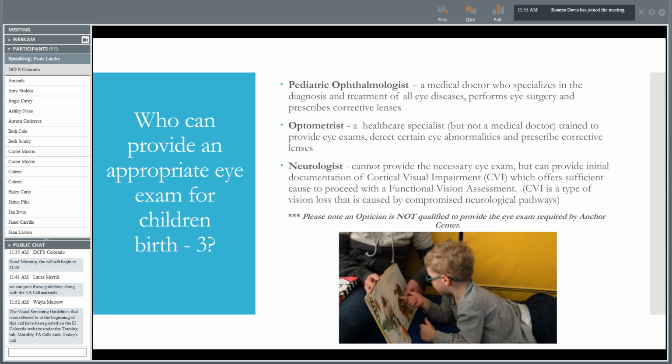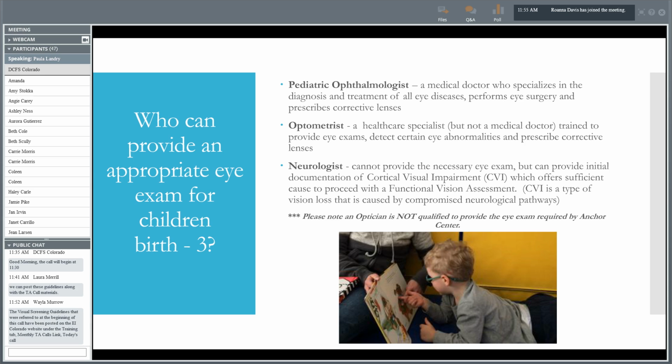And so over the last several years, even I would say probably 5 years ago, it was really difficult to find a neurologist who would diagnose cortical visual impairment. They would say, oh, that's the ophthalmologist's job to do that. And then the ophthalmologist would say, oh, no, that's not our job. We let the neurologist do that.